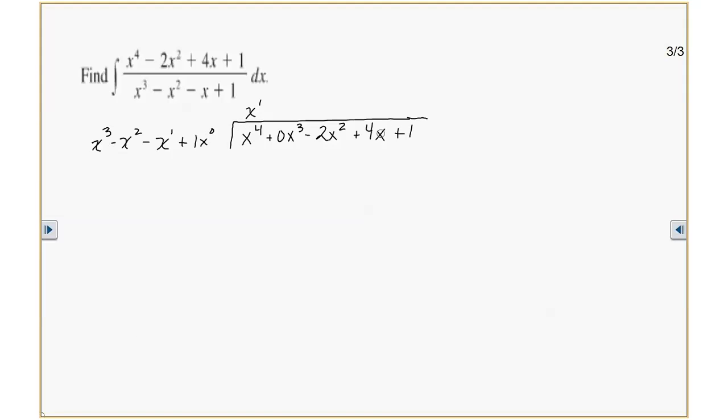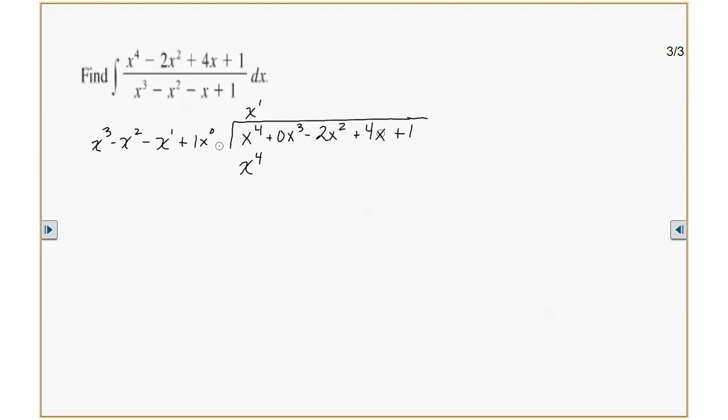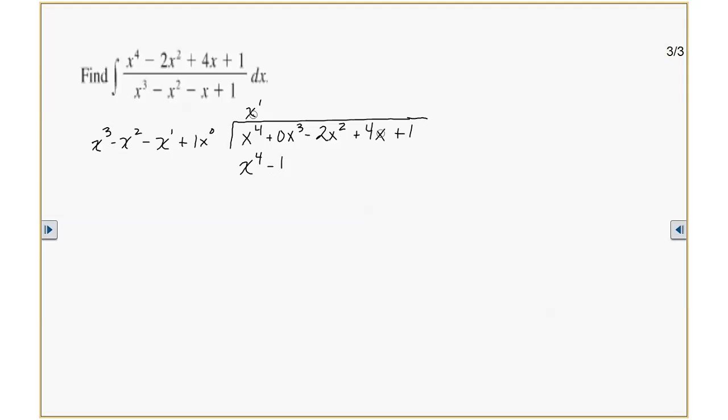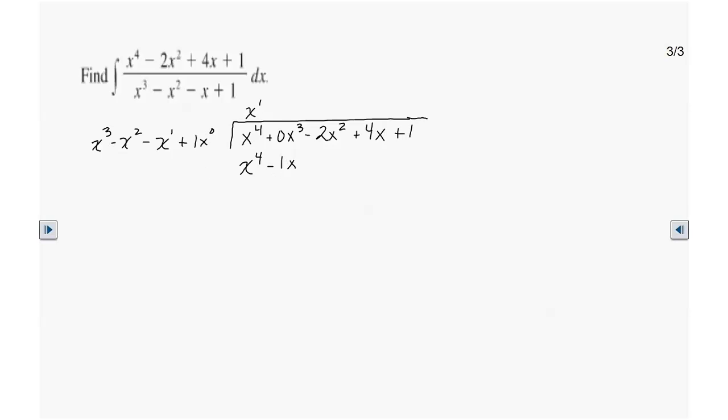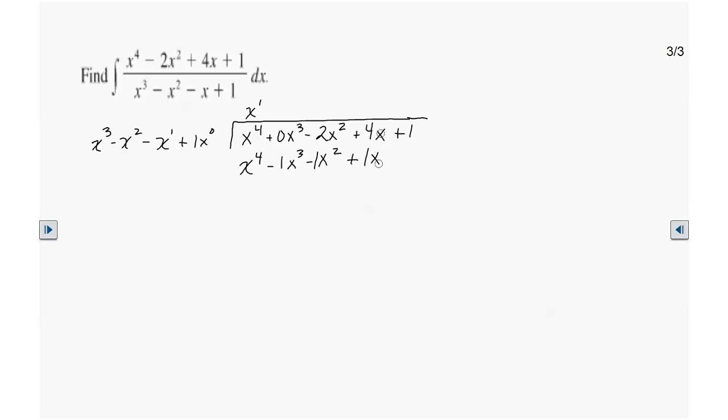That's right, class. x to the first times x to the third is x to the fourth. x to the first times negative 1 is negative 1x. 1 plus 2 is 3. x times negative x is negative x what? Squared. That's 1. And then 1x to the first.